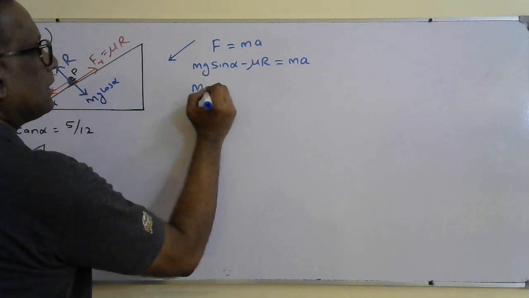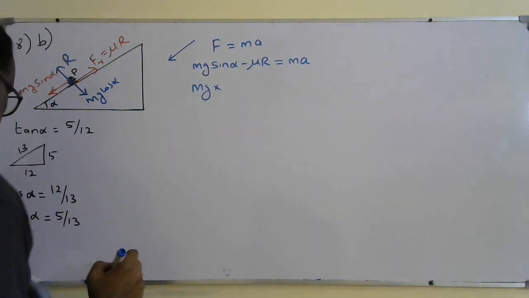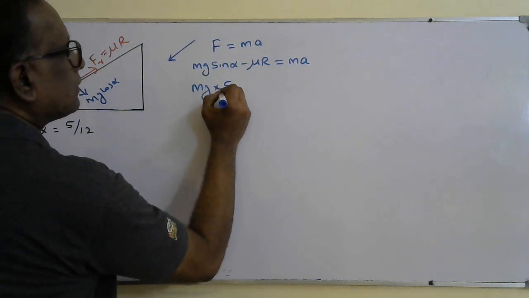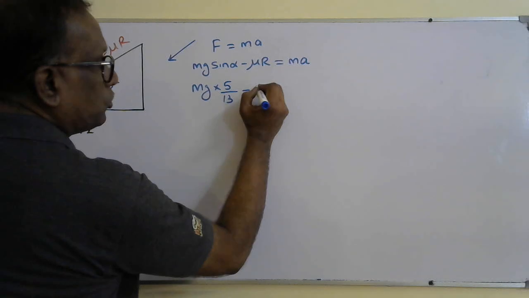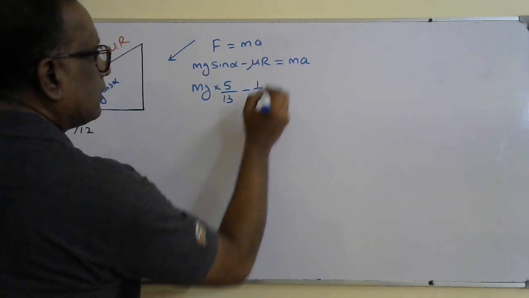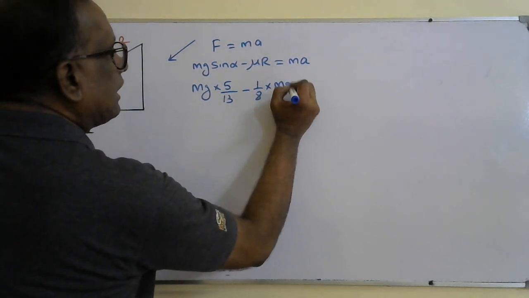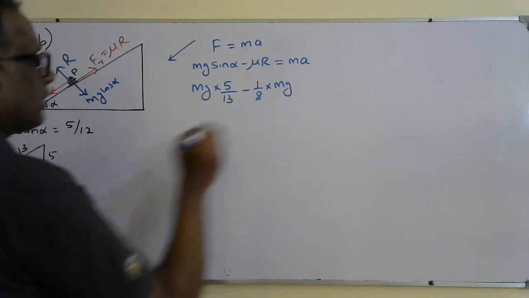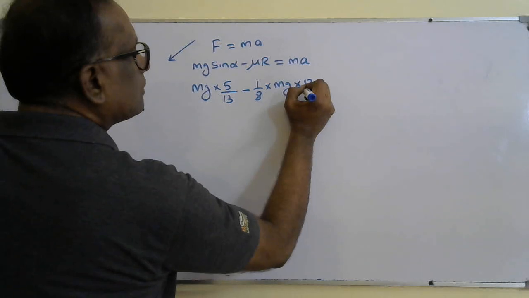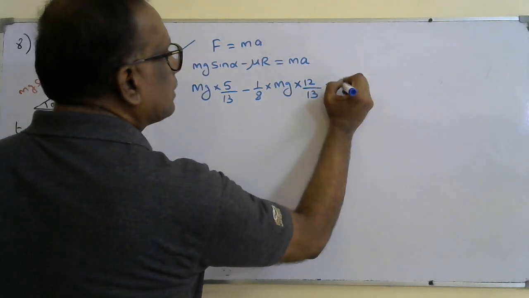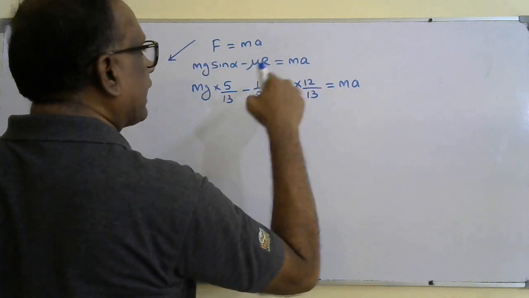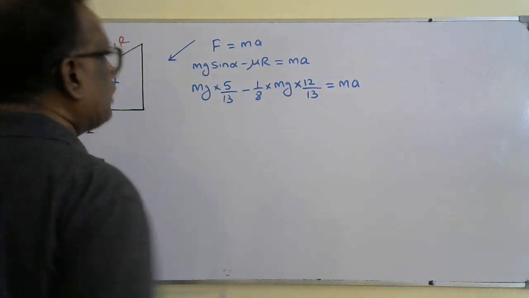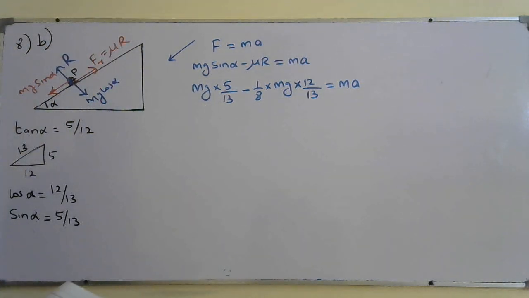So mg sin alpha, 5 over 13, minus mu, we found it now, 1 over 8, R equal mg cos alpha, cos alpha 12 over 13, equal ma. So all the m will get cancelled. G we know that is 9.81.